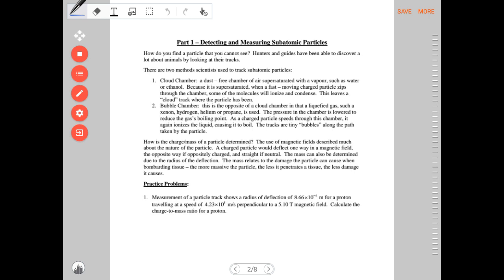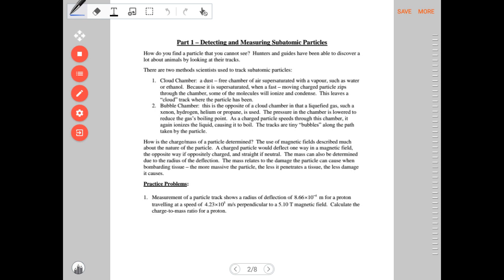A mass can also be determined due to the radius of the deflection. The mass relates to the damage the particle can cause when bombarding tissue. So if it hits you, how much damage is it going to cause? The more massive the particle, the less it penetrates, and then the less damage it causes. See, this is counterintuitive, because if you think a bigger thing hits you, it'll hurt more.